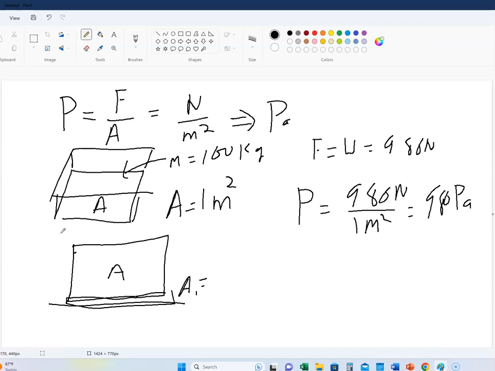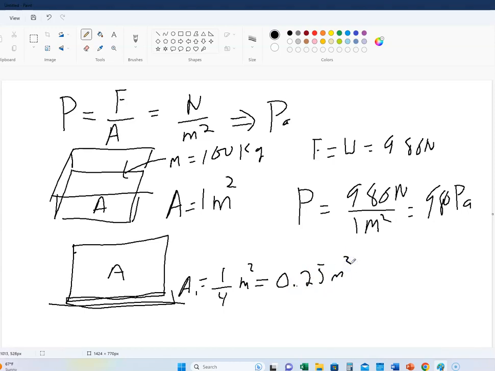Let's say that now it's only a quarter of the area that it was. So now it's 1/4 of a meter squared. It depends on what the dimensions of the side of this box are, but that's of course 0.25, because that's what 1/4 is of a meter squared.